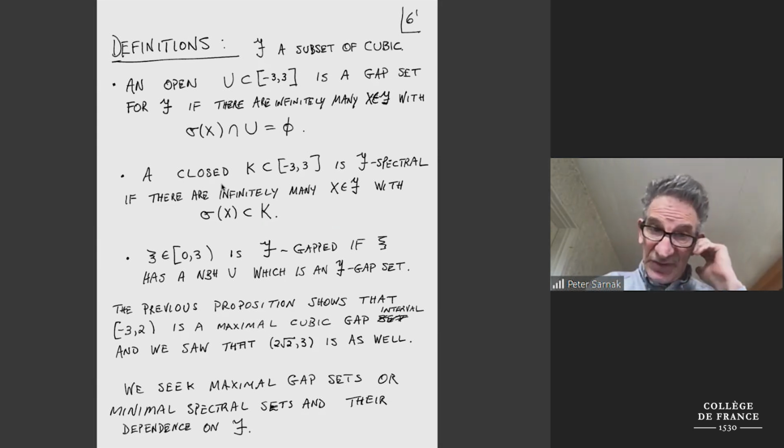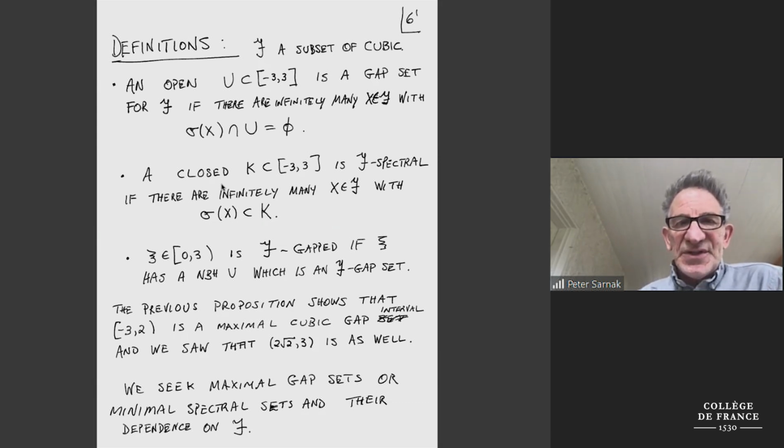So a subset of cubic graphs, I'll always allow myself to restrict to subsets. So I'll say an open subset U of -3,3 is a gap set for this subset curly F if there's an infinite, the key word here is infinite, sequence of graphs which are in F, which have no eigenvalues in U. So that U is a gap set.